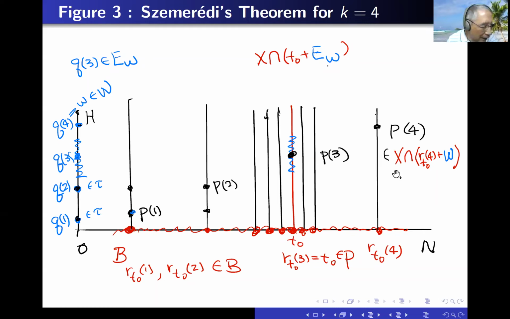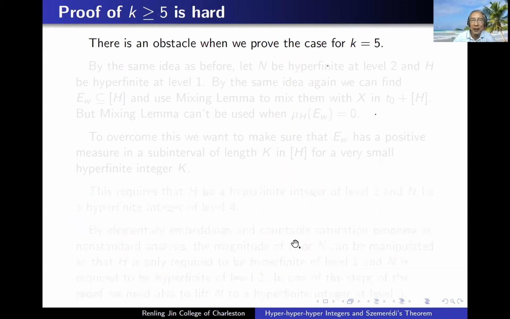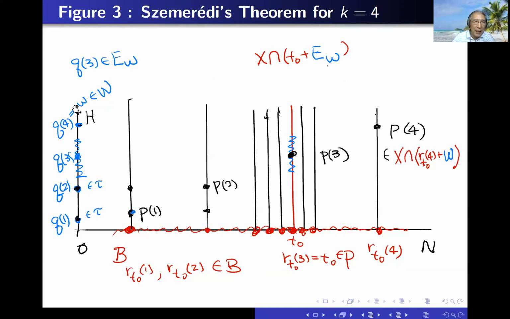Okay, now imagine how this can be extended to K equals 5 and above. It becomes a little bit hard because remember, in this case, this H has measure 0 compared with N. So we don't have the measure 0 case for the mixing lemma.